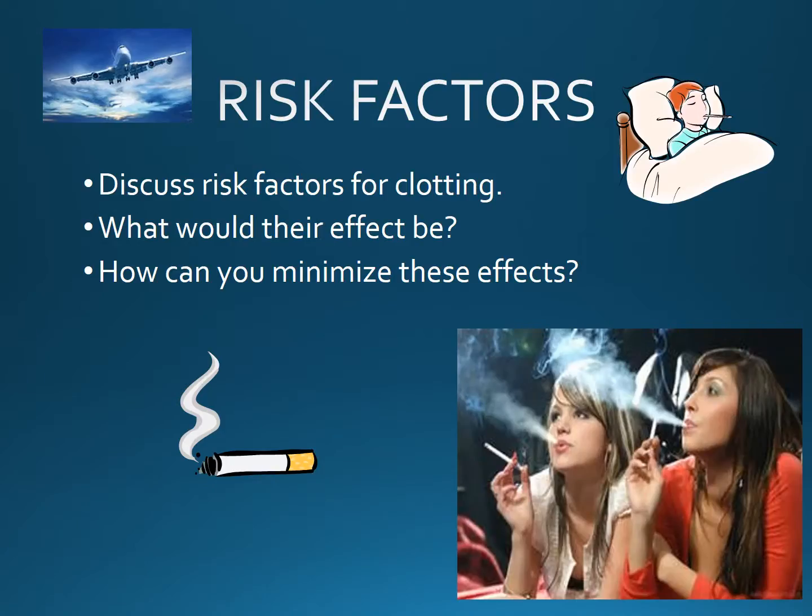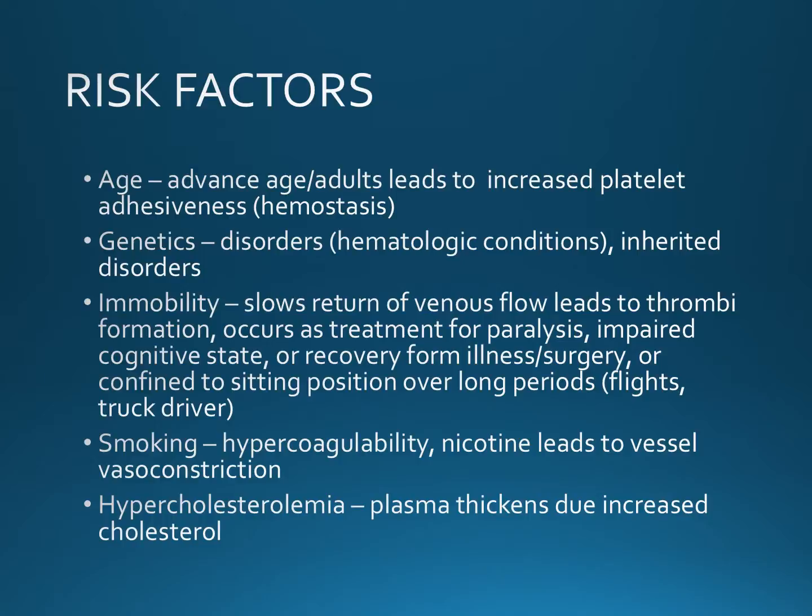Factors for impaired clotting are twofold. There are factors that can cause clotting to occur too easily, and factors where clotting doesn't occur when it is needed. Some of the factors causing inappropriate clotting include advancing age, which leads to increased platelet adhesiveness, and immobility, which slows the return of venous flow and can lead to thrombi formation.